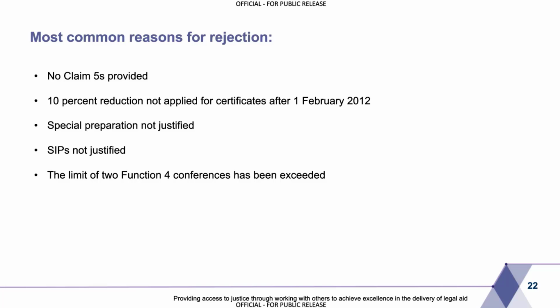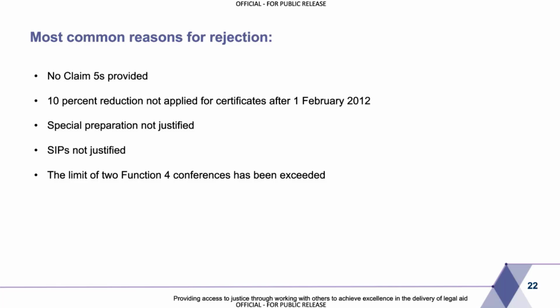Another common issue is that special preparation hasn't been justified. So where special preparation is claimed, we do require justification. That justification should explain to us whatever the complexities are which have led to the additional preparation. And it should break down to us the standard preparation, which would normally have been undertaken and is accounted for within the function fees paid, and then the additional preparation.